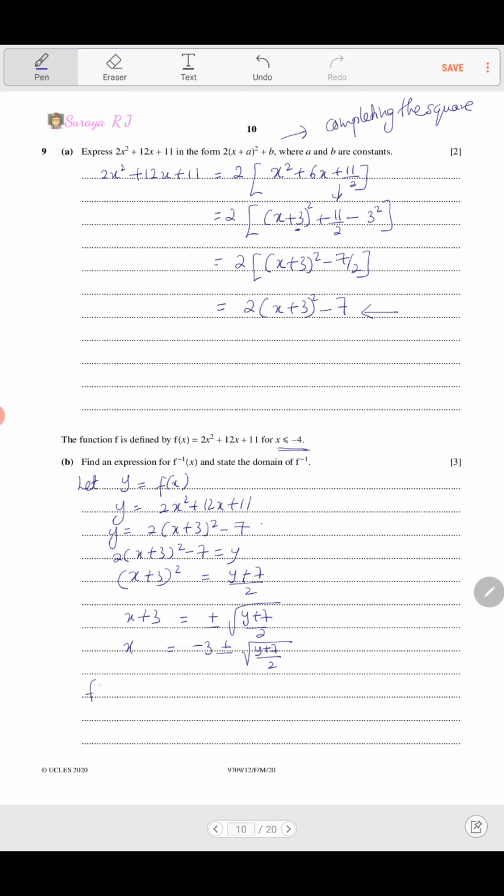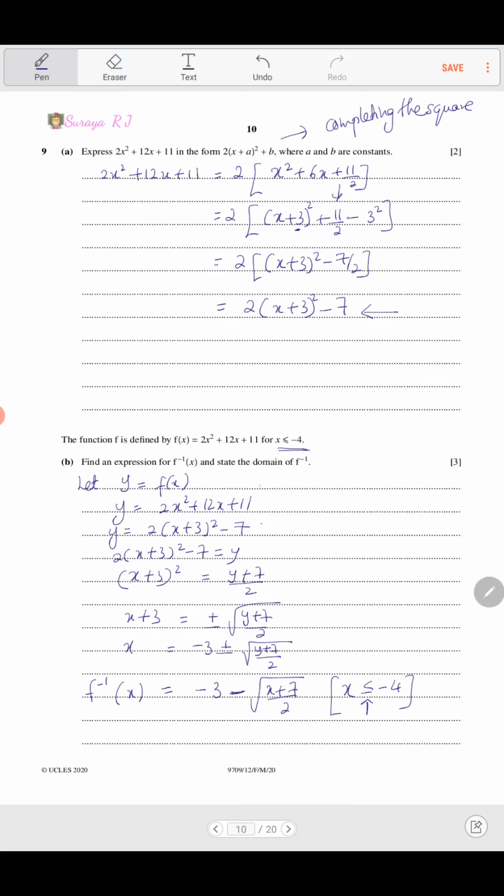So next we write f inverse of x is equal to, it's going to be minus, and here we replace y by x. So we take minus because of the domain. The domain is x less than or equal to minus 4. Because of the inequality sign, we have less here, that is why we have minus. If it was greater, we would have put plus here.